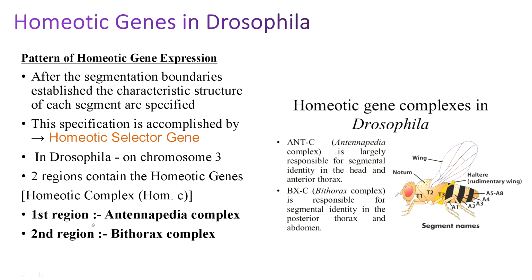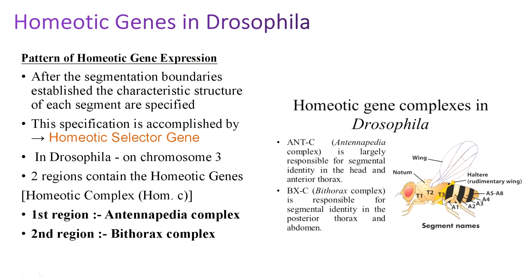Here you can see the structure in the figure. This is the head region. Then T1, T2 and T3 are the 3 thoracic segments, and A1 to A8 are the abdominal segments.